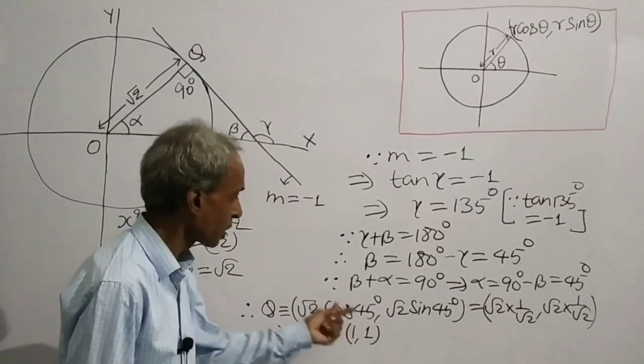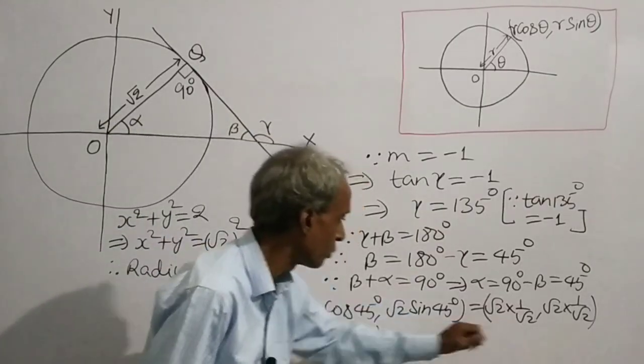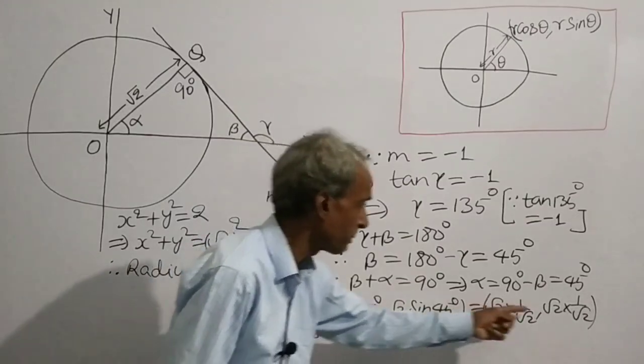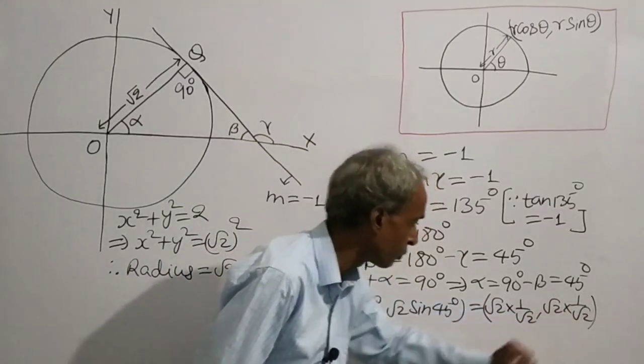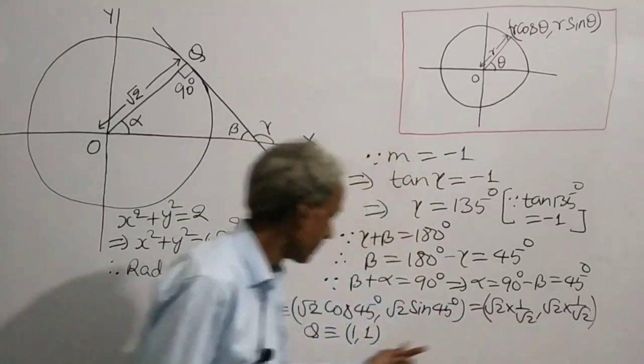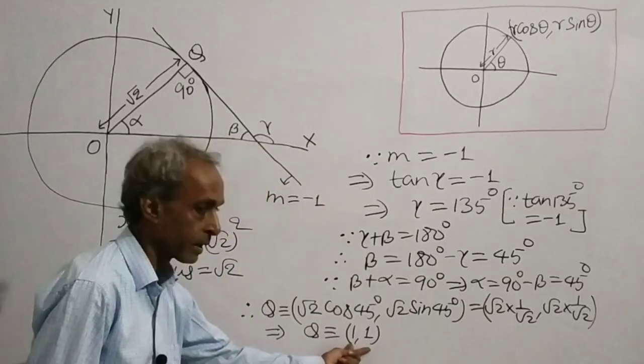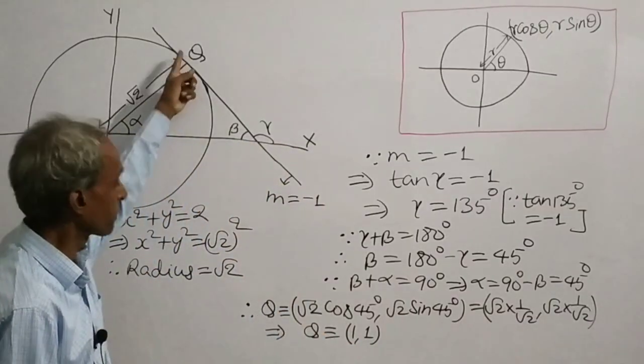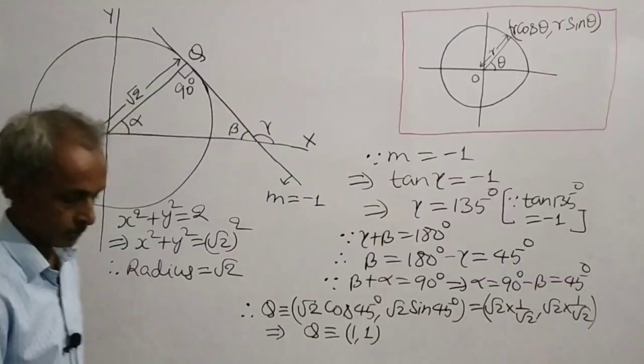Value of cos 45 degree is 1 by root 2. Value of sin 45 degree is also 1 by root 2. This will be equal to (1, 1). Therefore, coordinate of Q is (1, 1).